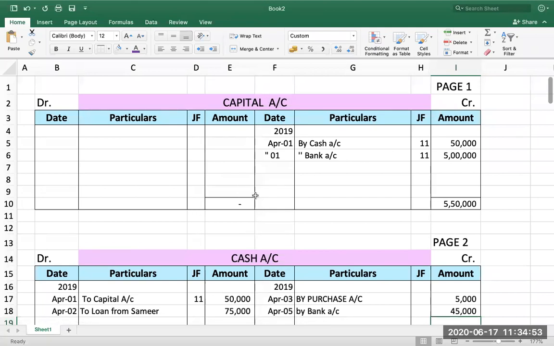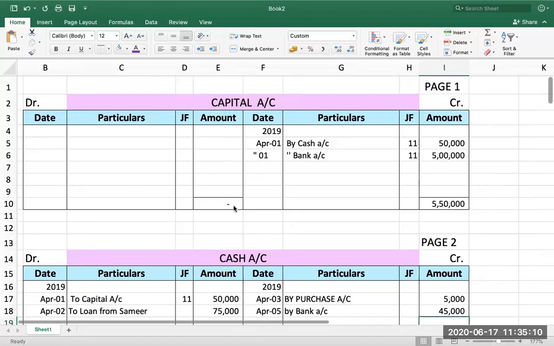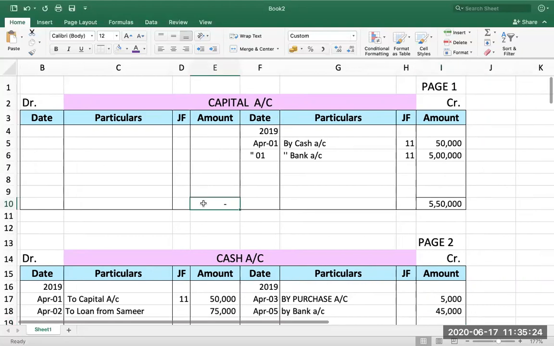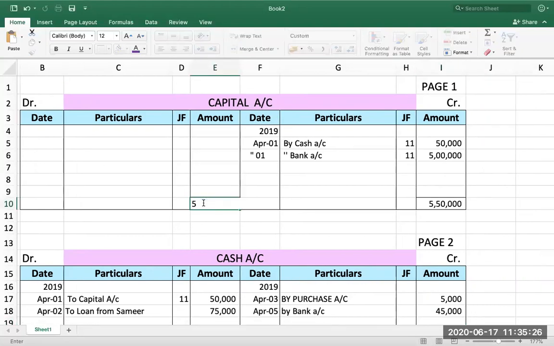Do not write it here. Then check which side is bigger. In this case, there's nothing on the debit side, so the debit total is 0. On the credit side, you can see 5,50,000. The bigger total will be written on both sides. So here you'll write 5,50,000.